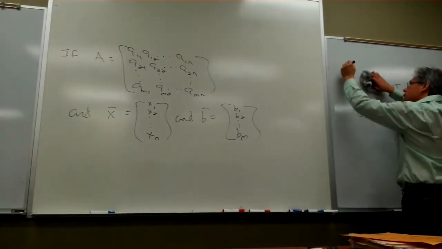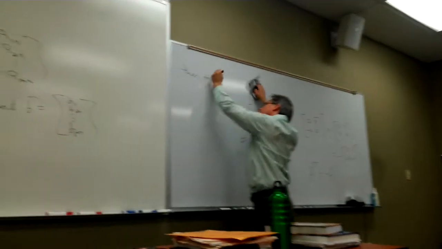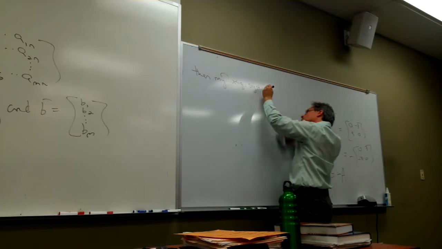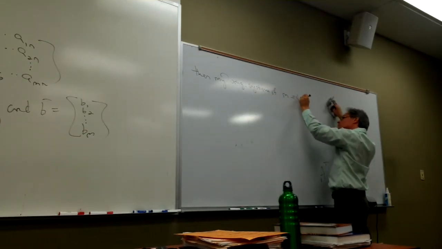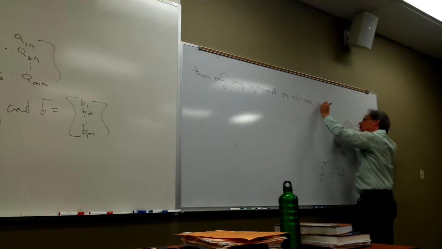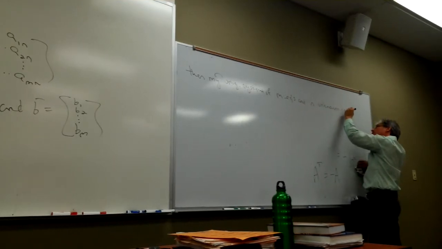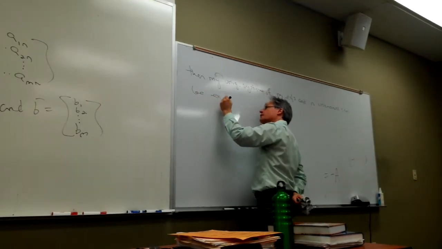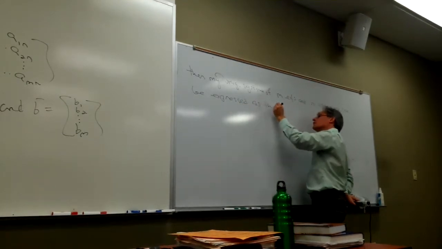Then I think my original system of m equations and n unknowns can be expressed as the following.